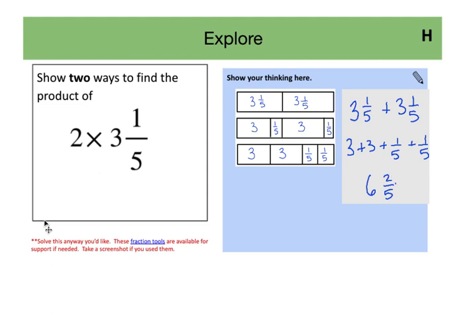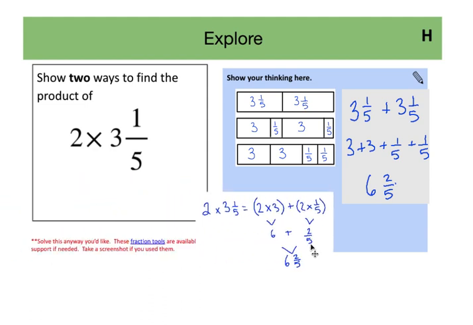Besides making us hungry, it showed us we can multiply the 2 with each of the parts of the mixed number, just like we multiply the 3 people by the 2 burgers and the 3 people by the 1 fry. We are multiplying the 2 by the 3 and the 2 by 1/5.